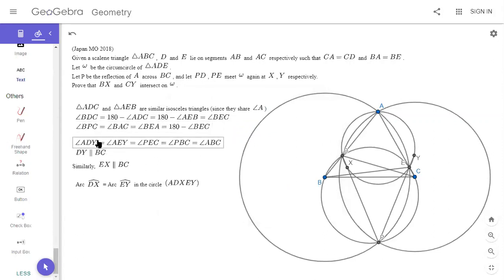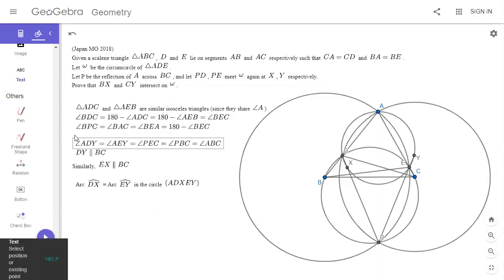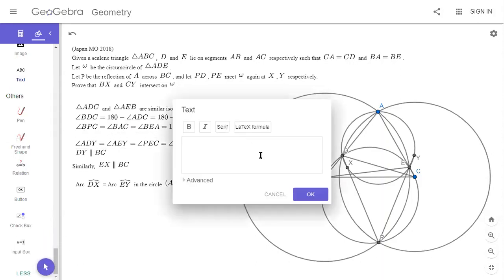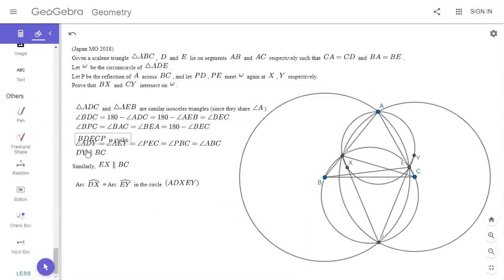So that means all 5 of those points lie on a circle. So BDECP is cyclic. All right, so I'm just going to fit in everything here. So that is like the full proof of those beginning steps.